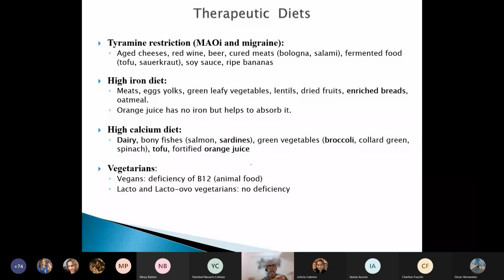Tyramine is each time less frequently tested, because monoamine oxidase inhibitors are tested less and less in NCLEX, because those are antidepressants that are rarely used nowadays. So remember that monoamine oxidase inhibitors are antidepressants that could produce exaggerated elevation of epinephrine if at the same time you consume fermented food.